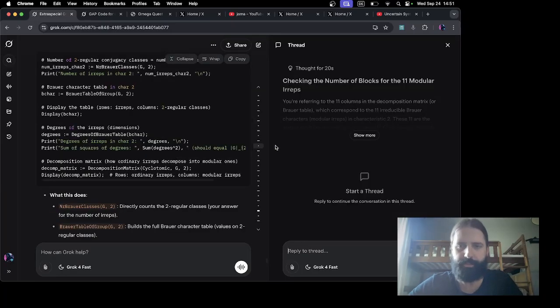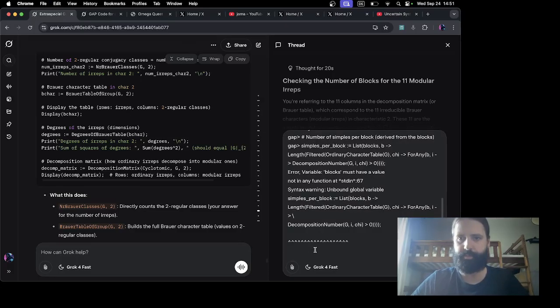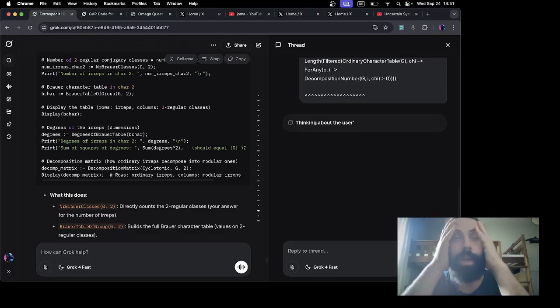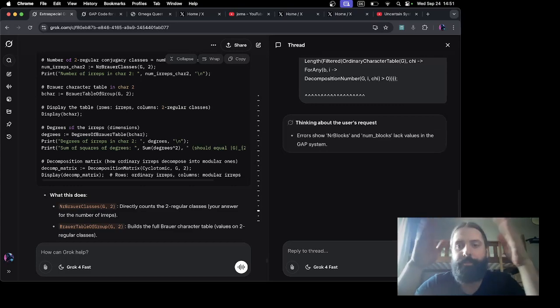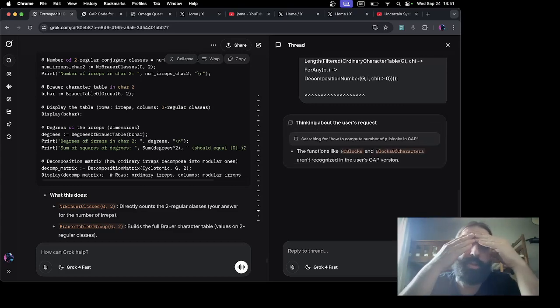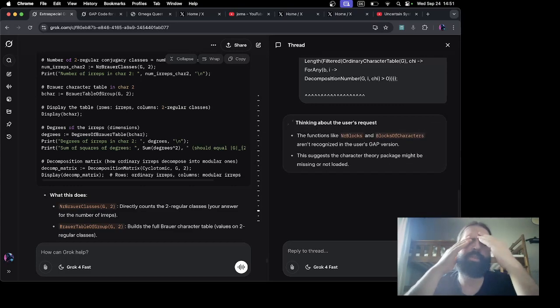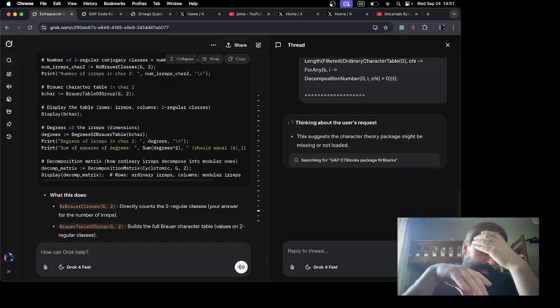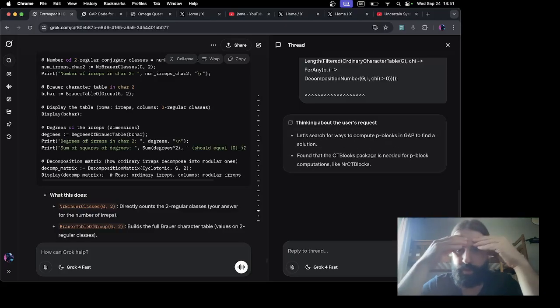I like the thread feature, it's genius. So you have the irreducible representations, and then you still need to map them to blocks. This is what I need to also understand.